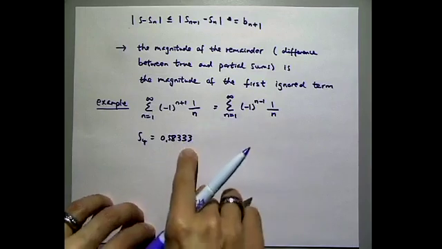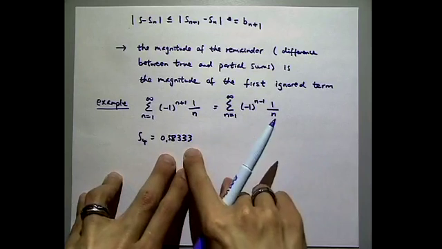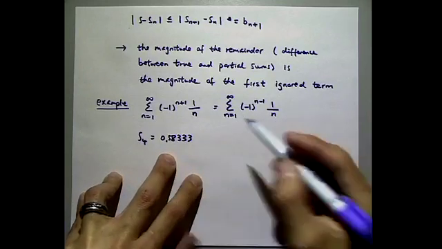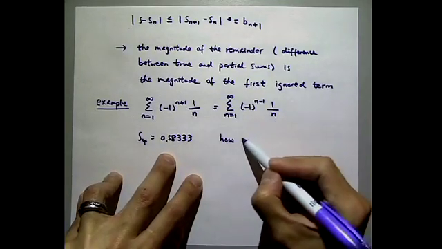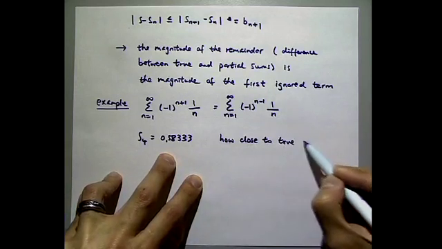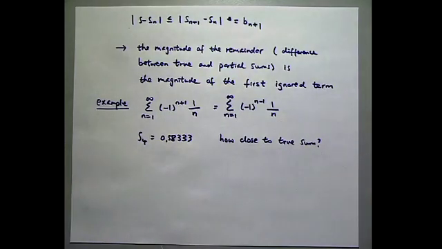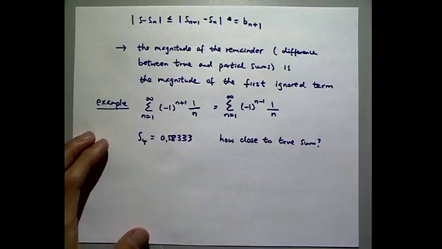And from earlier, from the table I showed you, we saw that the fourth partial sum is 0.58333. And suppose that's where you stopped, and you want to know how close that is to the true sum. Okay?